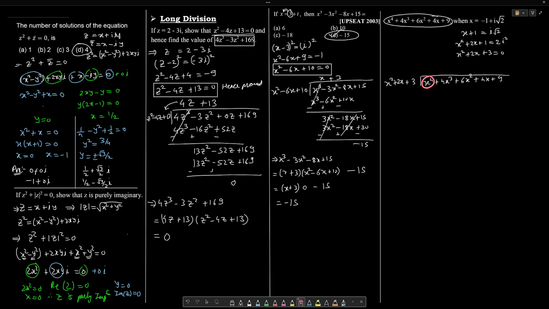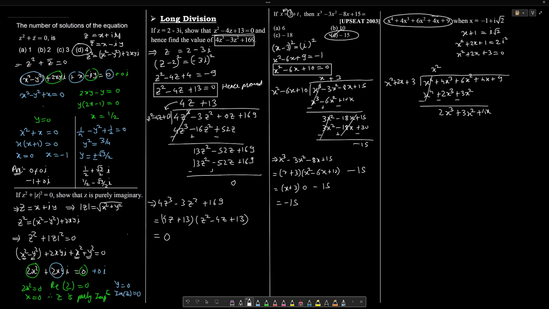First of all, we need x to the 4. So we'll multiply x square. X to the 4 plus 2x cube plus 3x square. Change your sign. We will get x to the 4 cancelled out. 2x cube, 3x square plus 4x. Now we need 2x cube.